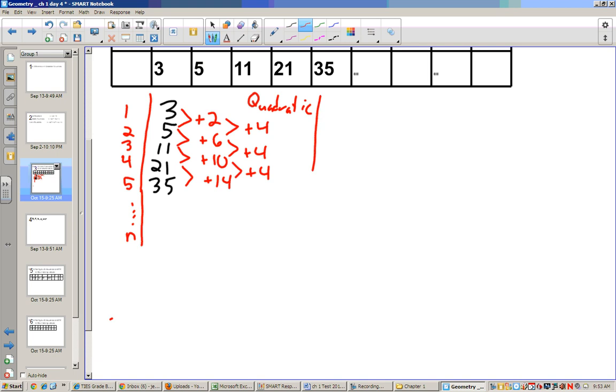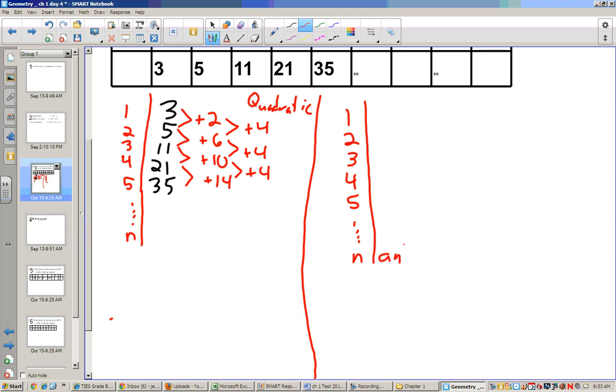Well, what we're going to do is we're going to do this 1, 2, 3, 4, 5, all the way up to our nth term. But we're going to use the general equation for a quadratic, which is an squared plus bn plus c. What's nice about this chart that I'm going to create right now is we can use this chart for every single quadratic equation.